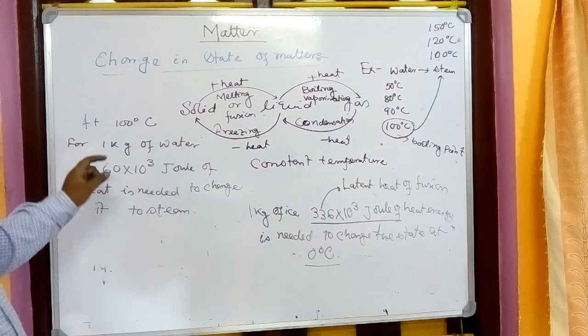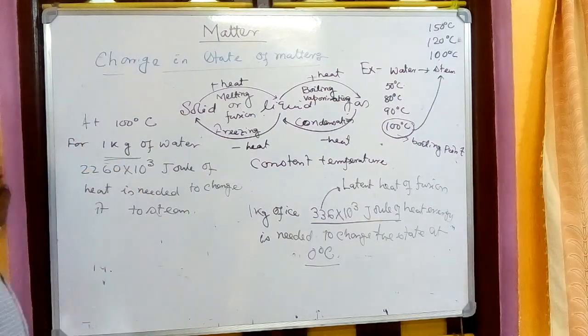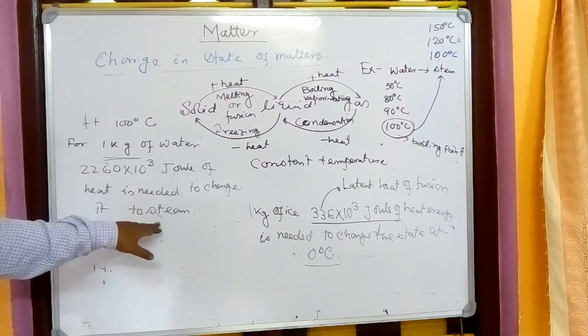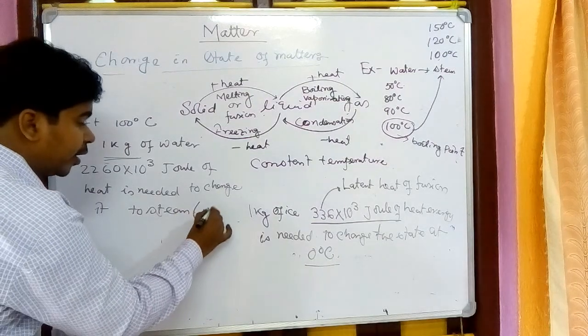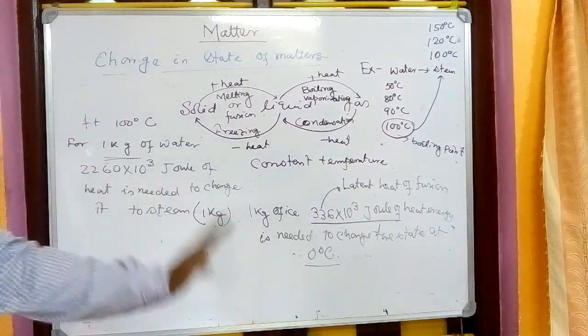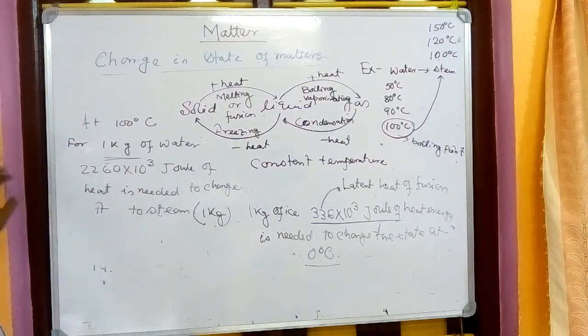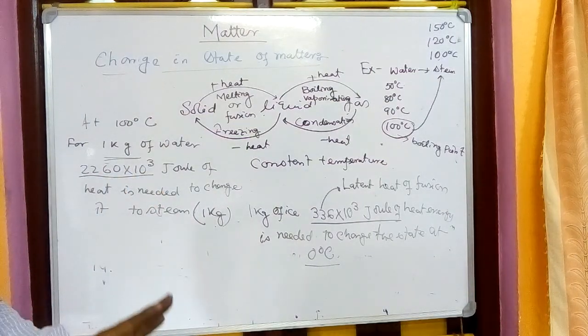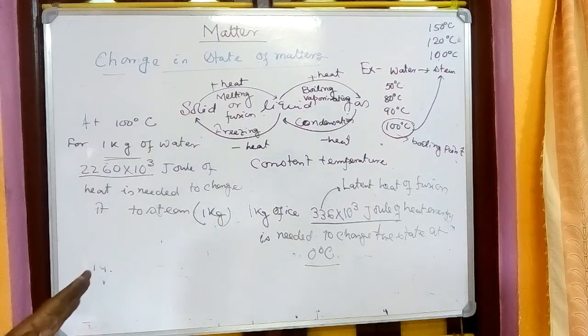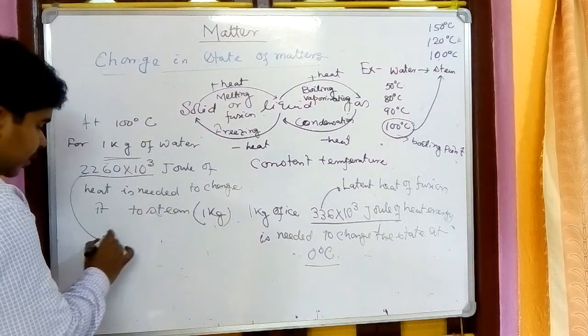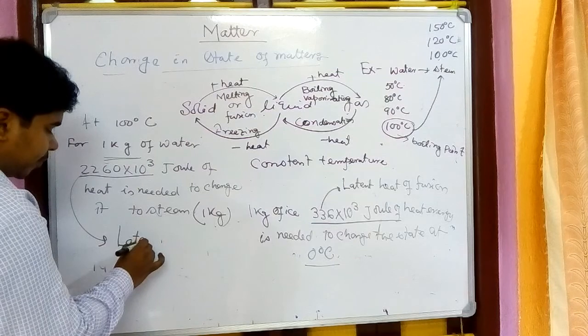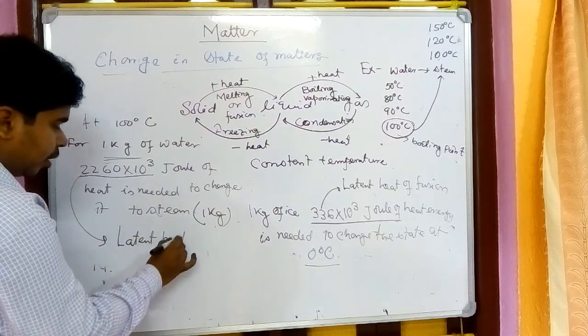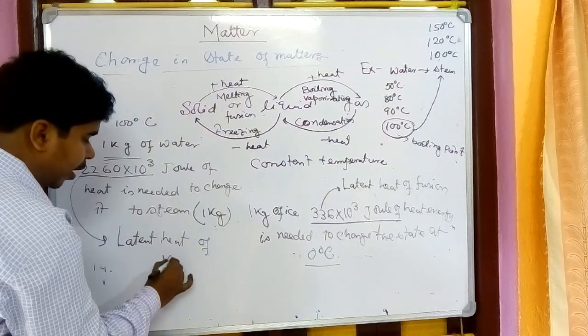At 100 degrees centigrade, to convert 1 kg of water into 1 kg of steam, you need 2260 into 10 to the power 3 joule of extra heat energy, and that is known as the latent heat of vaporization.